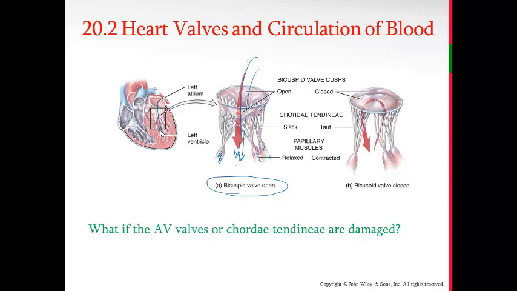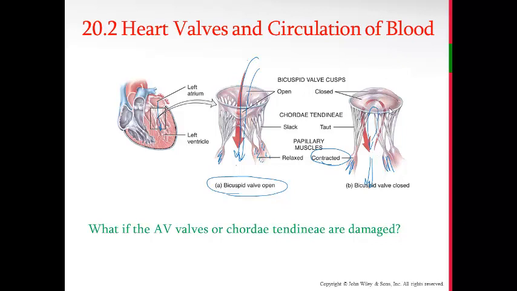Over here, it will go from the left atrium to the left ventricle. Now, when your papillary muscles are contracted, they are tight, the strings are tightened up, and they close the valves. As a result, the blood is going to flow hopefully in one direction instead of regurgitating back.